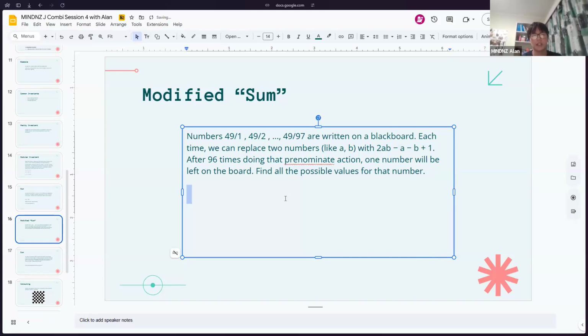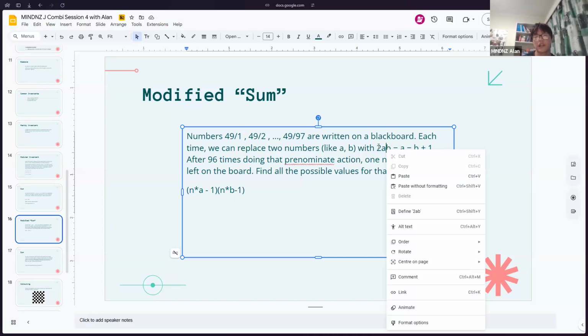So it's probably something like some number times a minus 1, and then some number times b minus 1, because it's symmetric for a and b in this expression. So when we see these expressions, we try to factorize them.